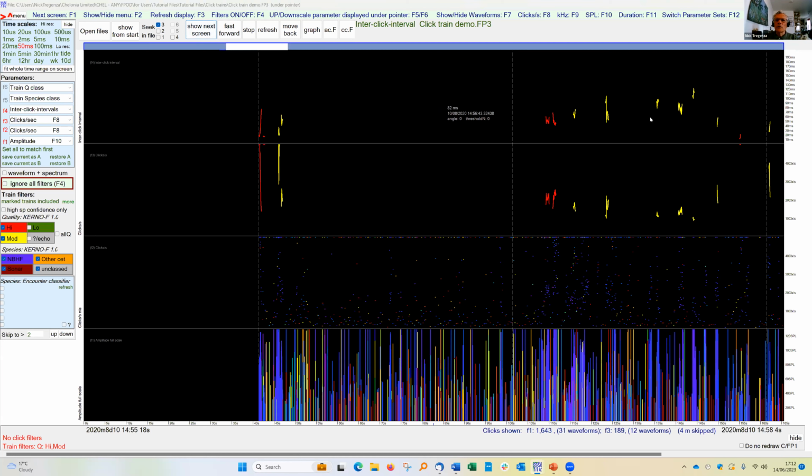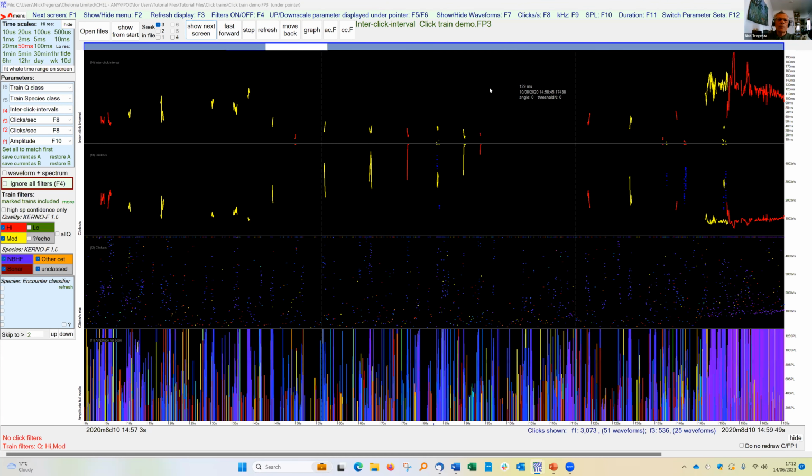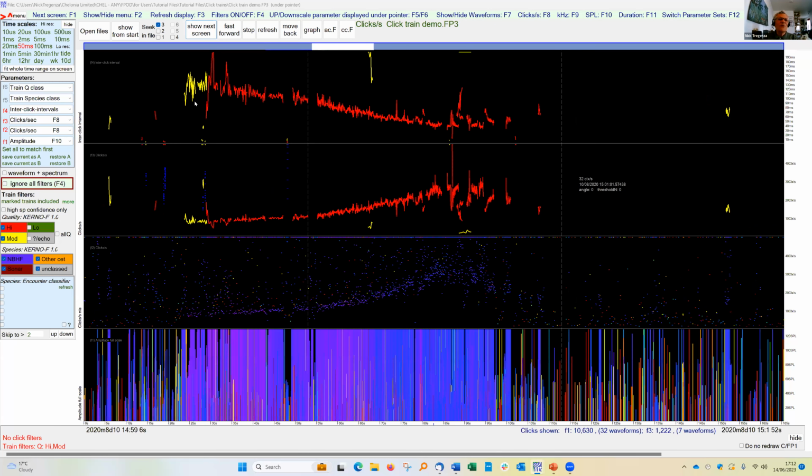This data is actually from Renan Paytach in Babatonga Bay in Brazil. And this looks like another kind of landmark sequence there, but this one is absolutely astonishingly unbroken, a great long click train there.